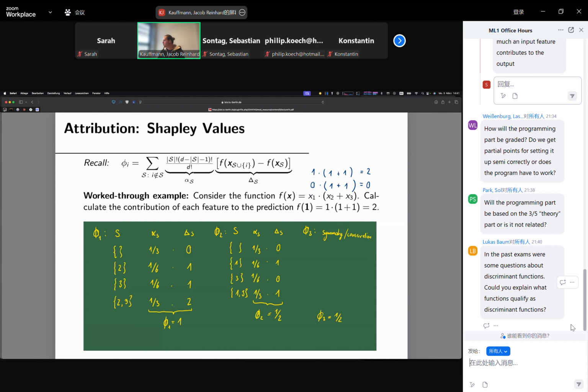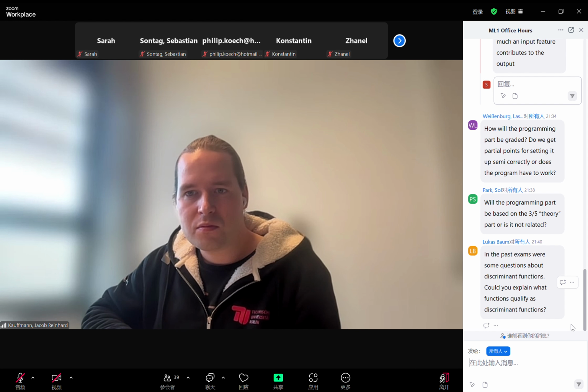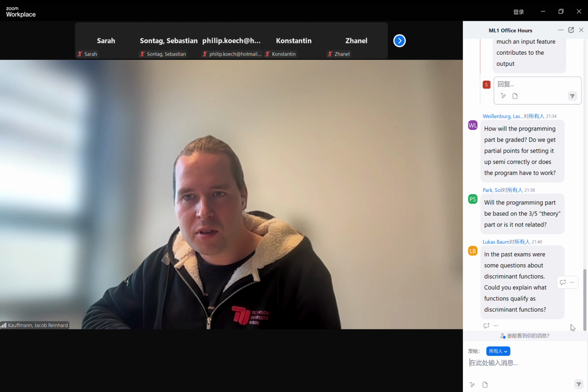There are things in Python that are not easily expressed on paper, like indentation of loops and so on. So there are things that are not really graded. It's always possible to get partial points.